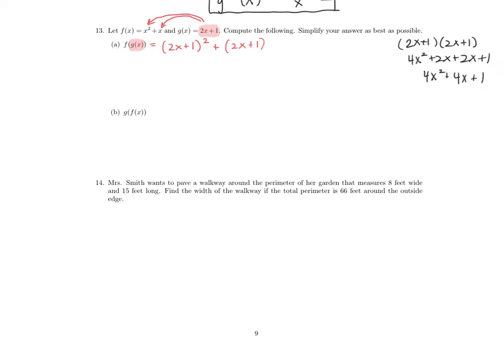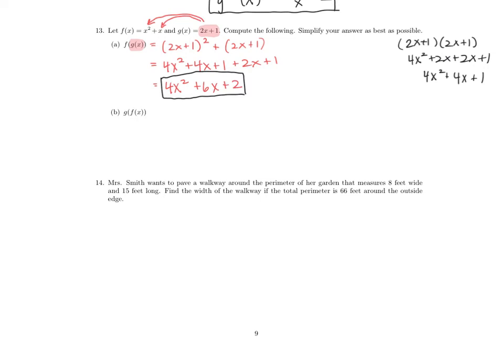Okay, so we'll have 4x squared plus 4x plus 1, and then we have plus 2x plus 1. Combining like terms, we get 4x squared plus 6x plus 2. That's as far as we can take that, so that is the answer for part A.